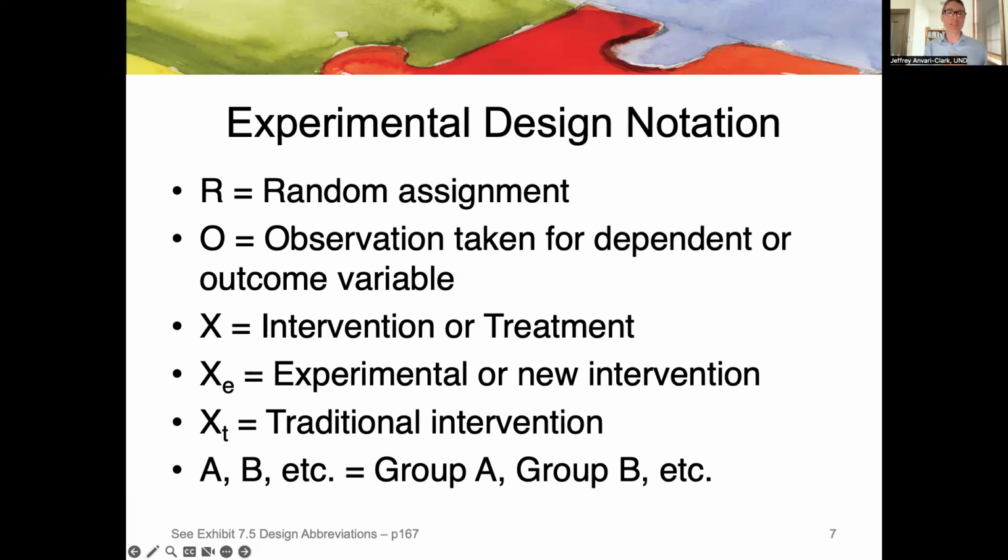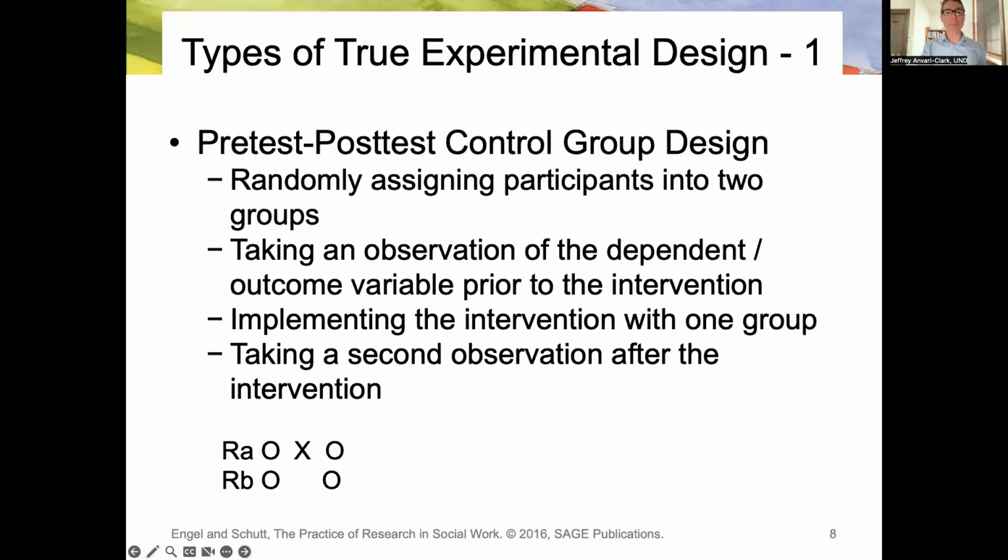So if you've got an experimental intervention, then you use that as a little e, or a traditional intervention. So this could be say your treatment as usual. So that's the XT. And then you've got your different groups, group A, group B, group C, group D, and so forth. Okay, so keep those in mind as we go through, and I've popped in those visuals for us to be able to take a look at.